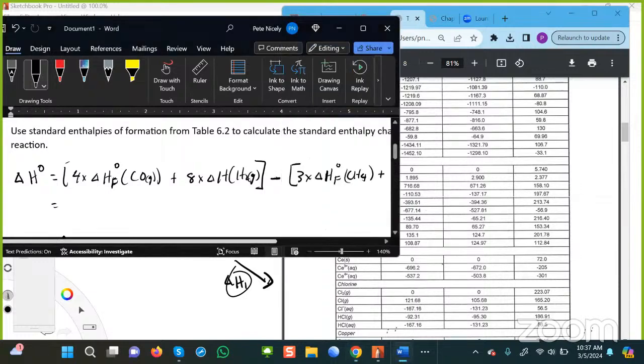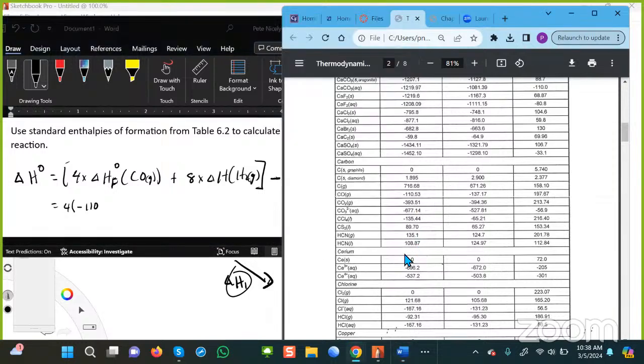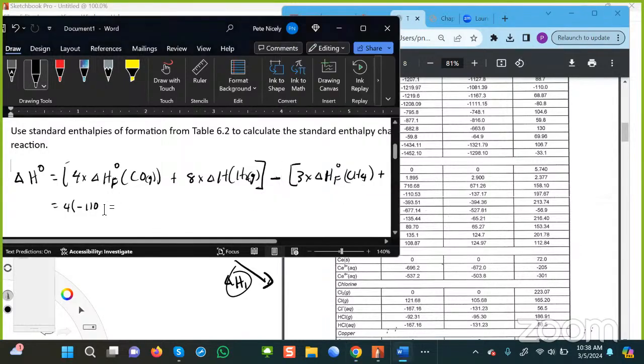It's going to be 4 times minus 110.53 kilojoules, all right? And then to that, I'm going to add, oh, we can make life a bit easier. You know why? Because hydrogen is an element. So therefore, that's 0. So I'm just going to put 0 here. And then that takes care of the products.